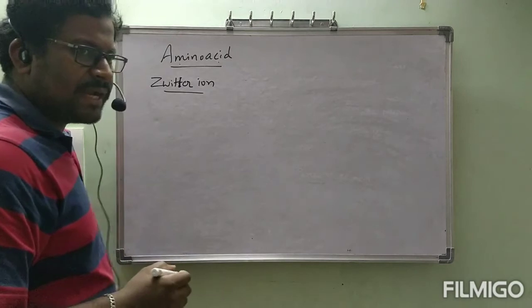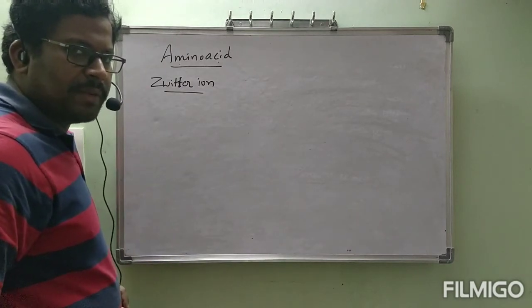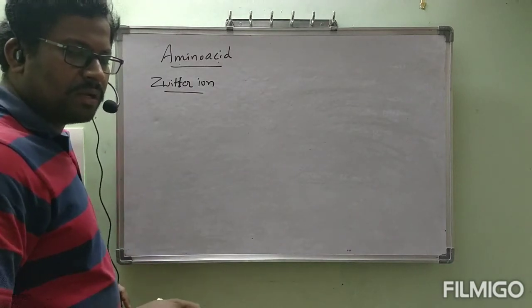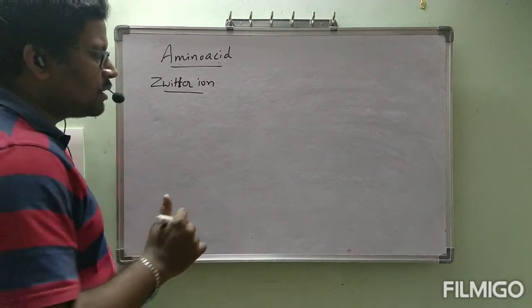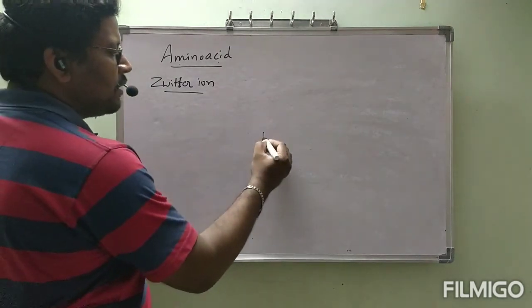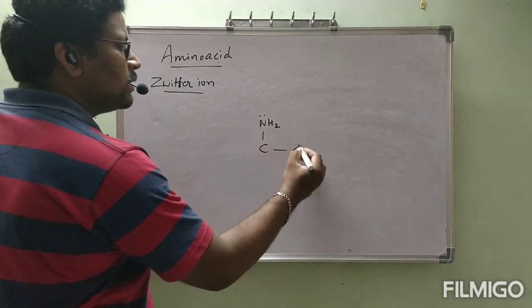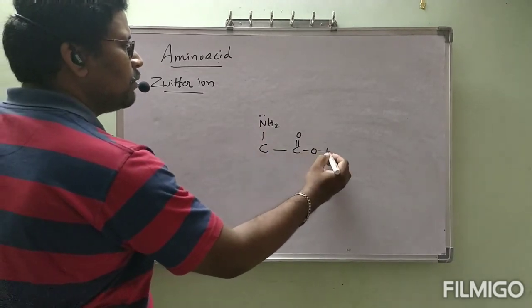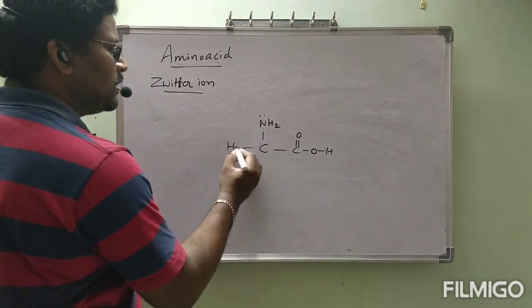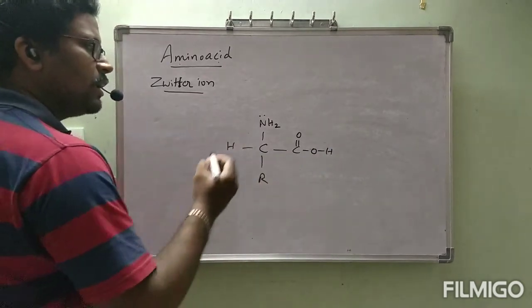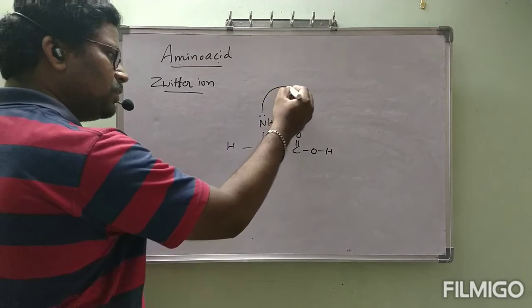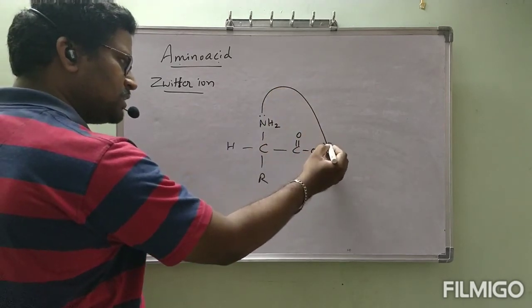When an amino acid is added to water, or it is in an aqueous solution, the NH2 contains a lone pair, with C double bond O, OH, H, R. Now this lone pair is donated to this H plus.